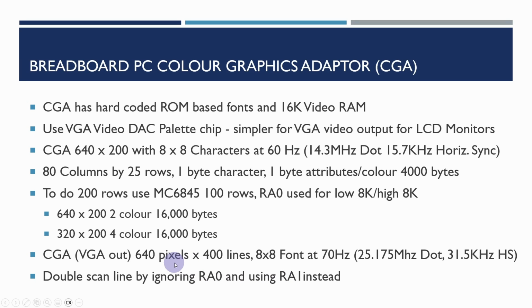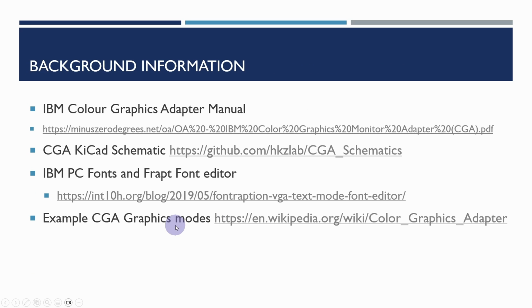It means that every line will be repeated, whether it be a character font or the graphics data bits going out. And this is going to be using the VGA 25.175 MHz dot clock, which produces a horizontal sync frequency of about 31.5 kHz.